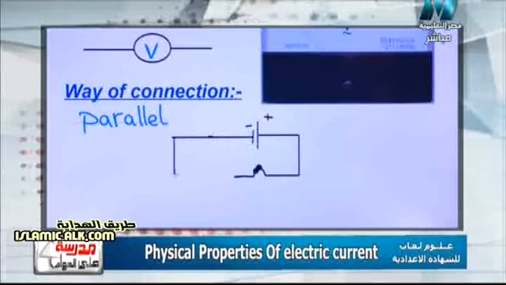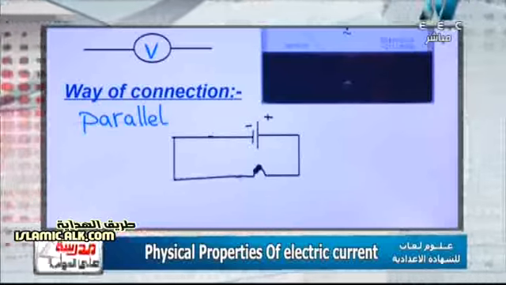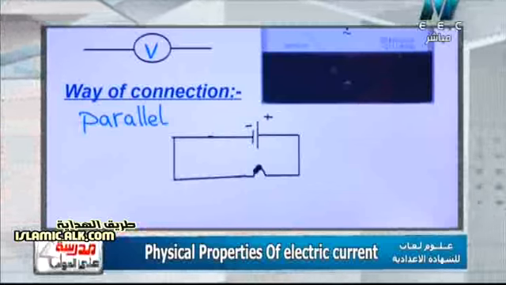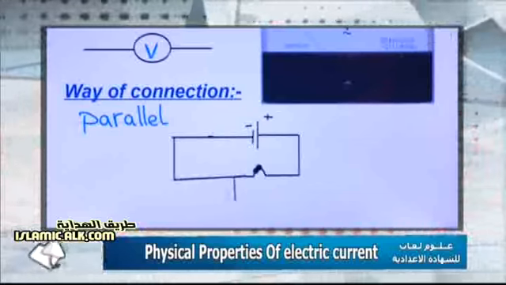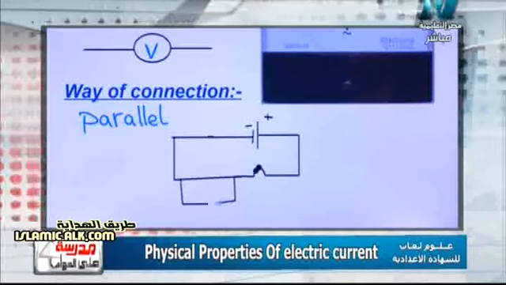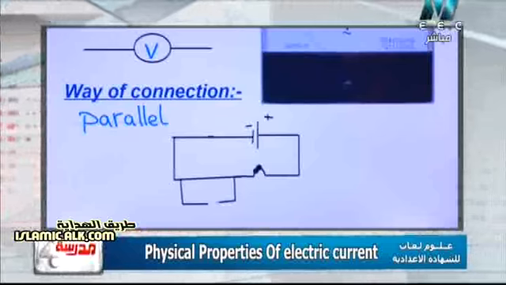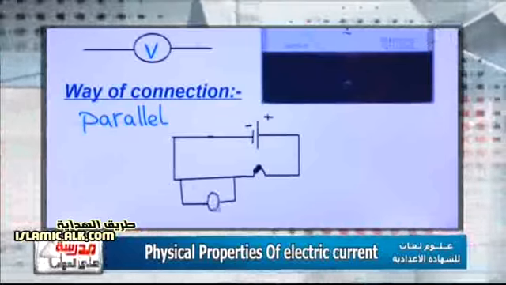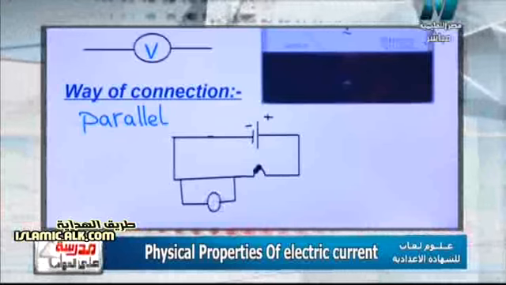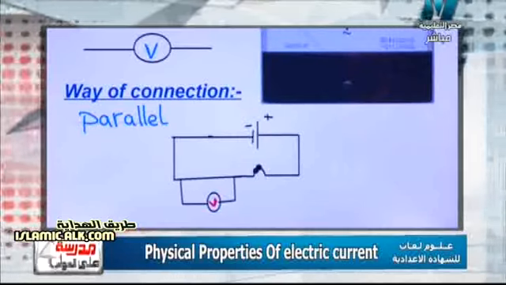And where is the voltmeter? Where will I draw it? You agreed with me and told me parallel. So it is parallel, outside, like that, from any point. But as you see, we have an electric circuit and we have a voltmeter here, and we write here the letter V. We know this is the voltmeter.